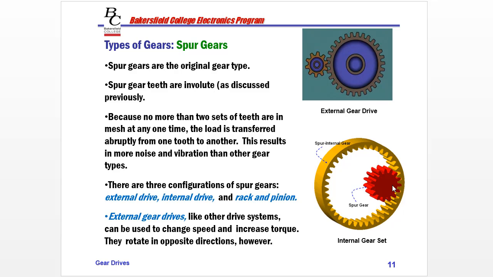So you can see the pinion has its teeth on the outside, but the gear has its teeth on the inside. So this is called an internal gear set. The third configuration of spur gears is rack and pinion, and we'll show that example in a few slides.